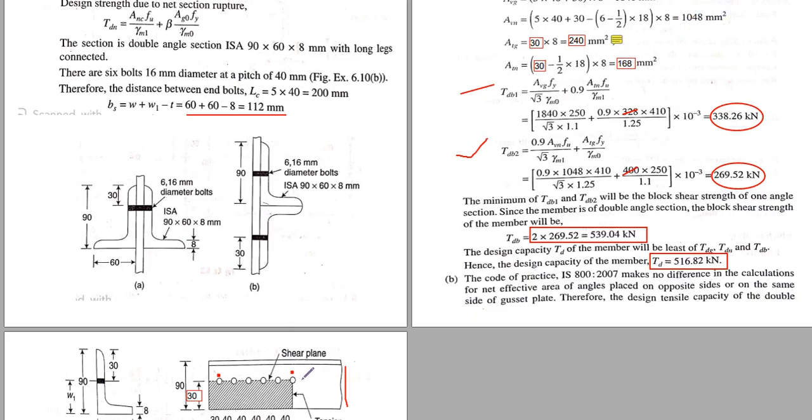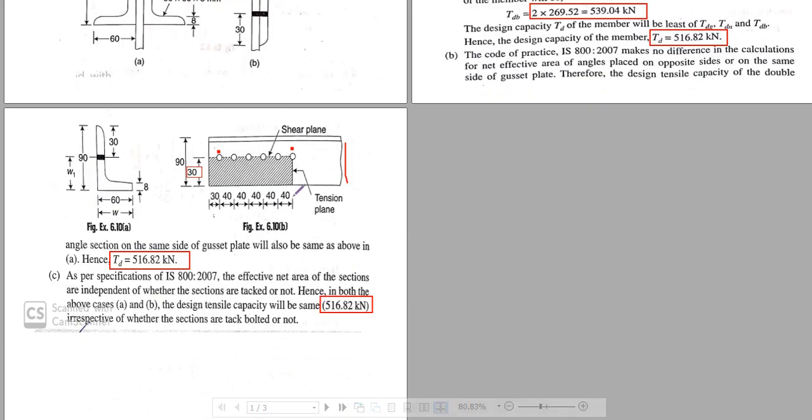Then Atg: from the center of the bolt to this point, this is equal to 30. In gross you should not deduct the hole, so 30 into the thickness, 8, so 30 into 8 in case of gross Atg.